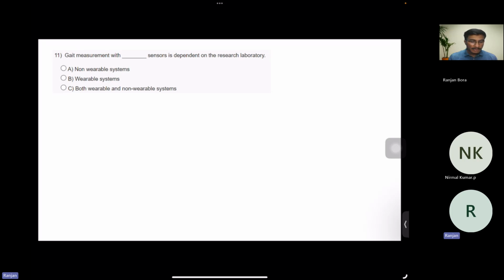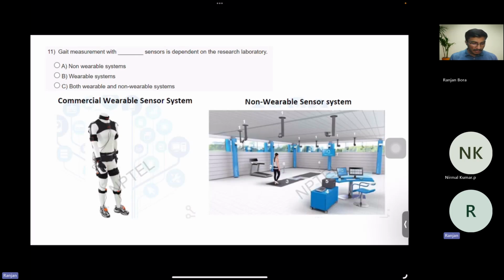You have studied in the week 3 slides that gait measurement can be done using two systems. One is the wearable systems and another one is the non-wearable systems. You can see the image. This is an example of wearable systems.